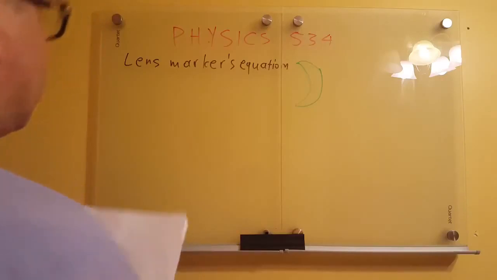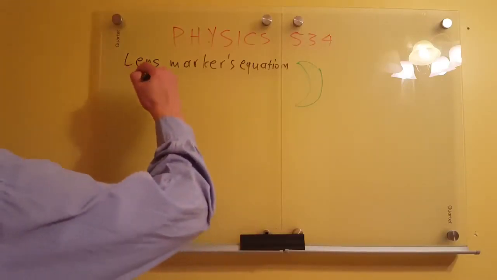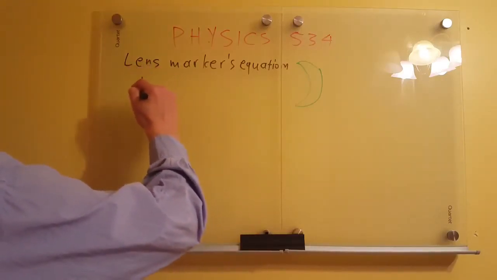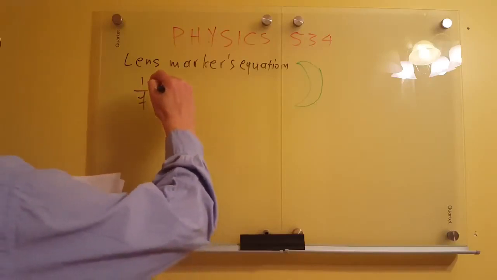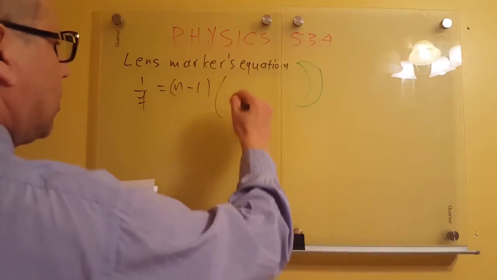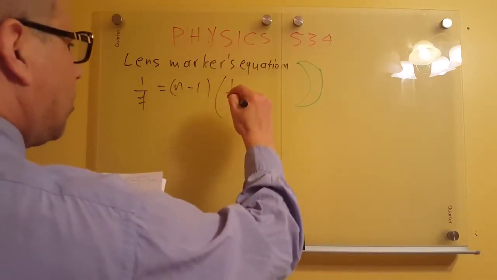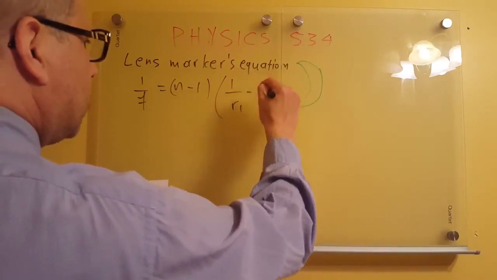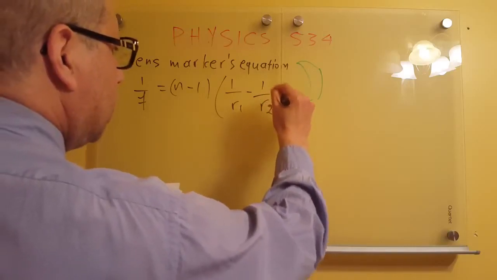So what is this equation here? This equation is that 1 over f is equal to (n minus 1) times (1 over r1 minus 1 over r2).